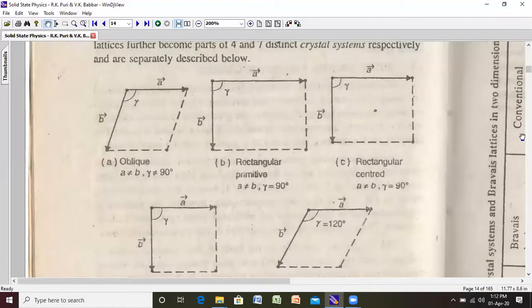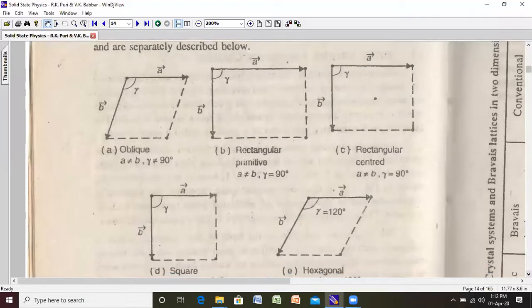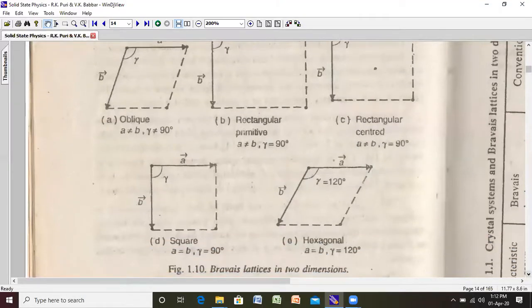And then after that we have another type of Bravais lattice in 2 dimension, that is a square. In square both sides are equal. In rectangular both sides are not equal, but in case of square both sides are equal, and the angle between the sides is also 90 degrees.